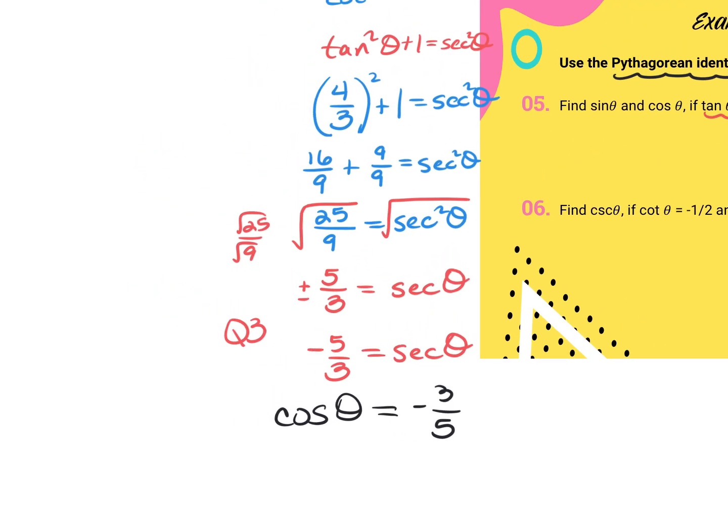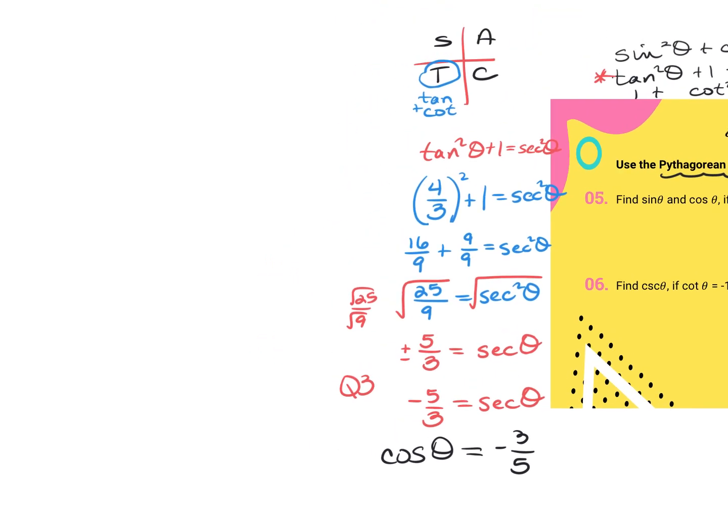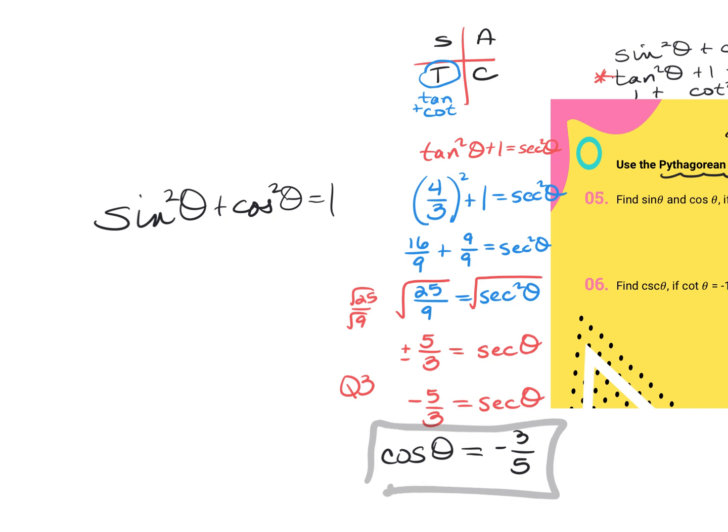So now for sine, I'm going to take the identity sine squared theta plus cosine squared theta equals 1. I'm going to take my newly found value of cosine and plug it in.